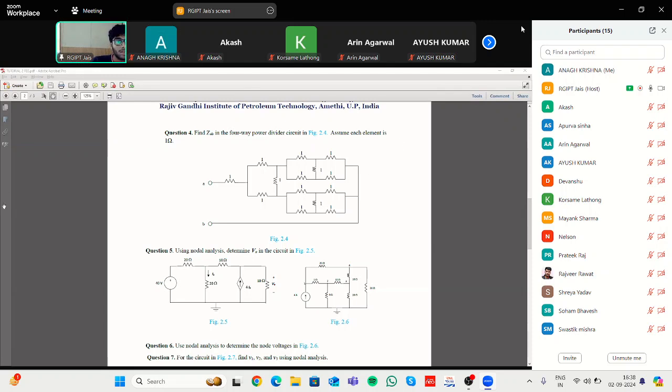So Akash, tell me, do you know this question, this concept? Yes, sir. I'm aware of the concept, but I am unable to apply it currently. I'm facing a problem in the application here.